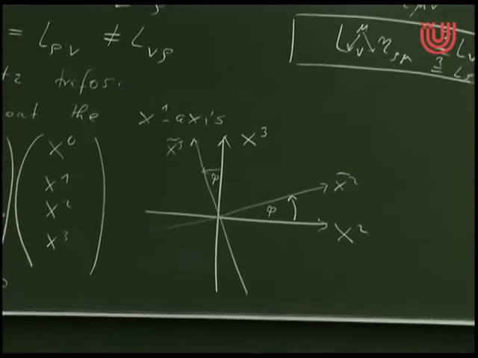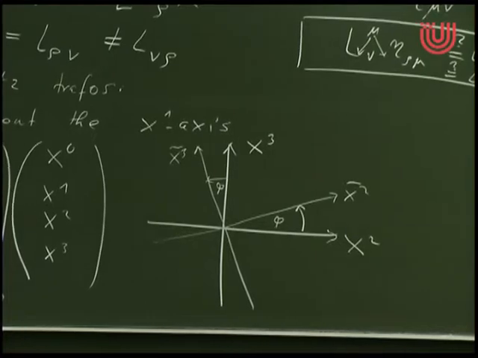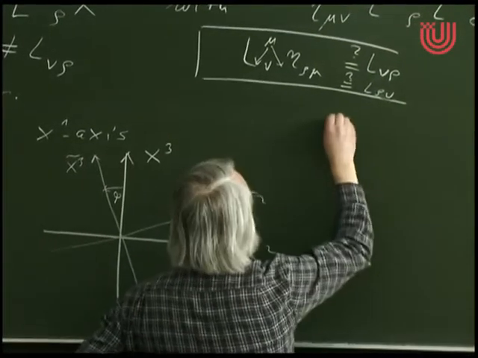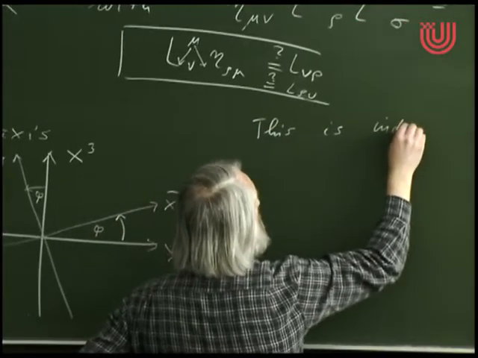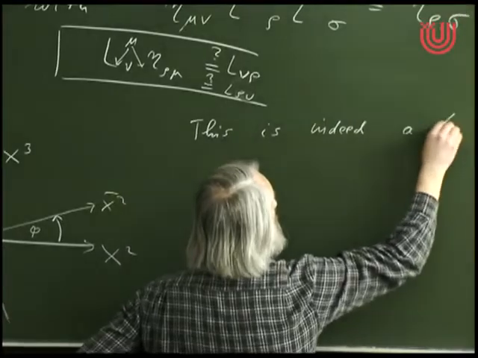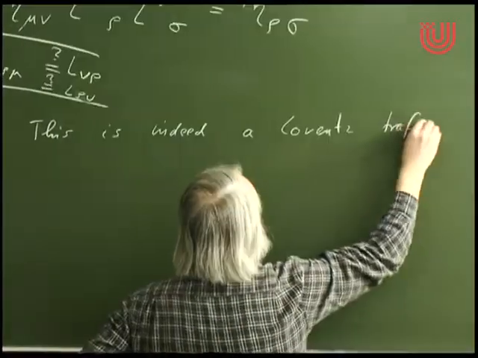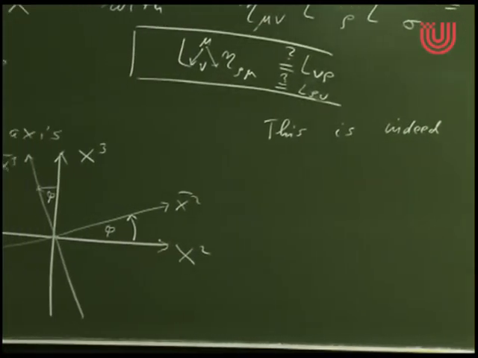And now let's verify that it is indeed a Lorentz transformation, that it satisfies this property up there. So that's where we have to calculate it a little bit. So I claim this is indeed a Lorentz transformation. So what do I have to show? I have to show that it leaves the eta invariant.